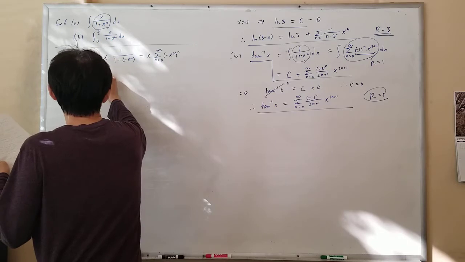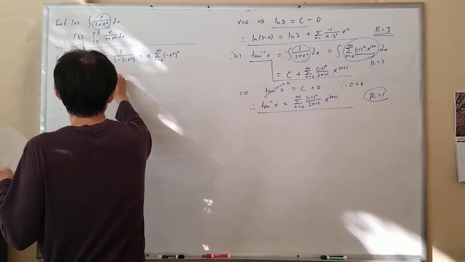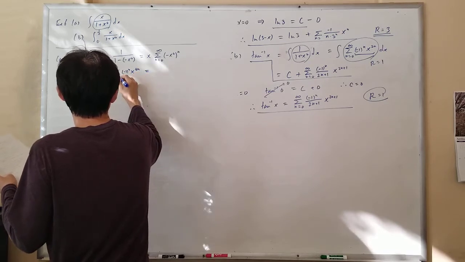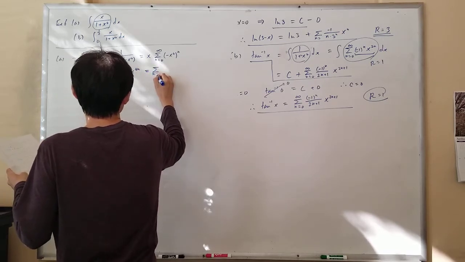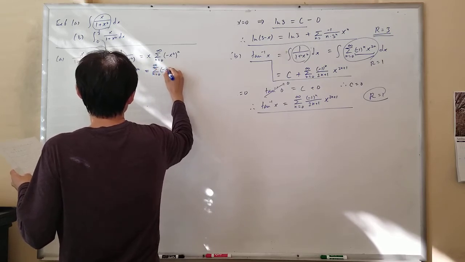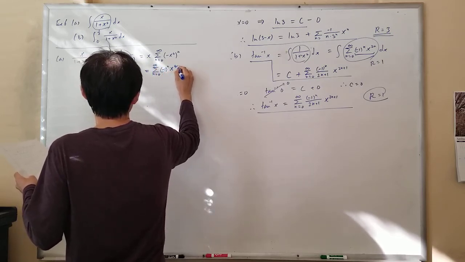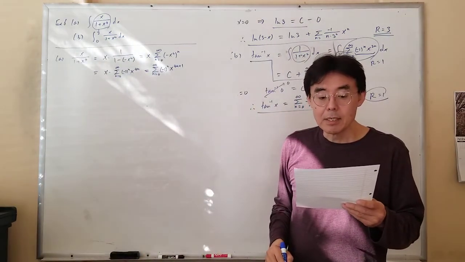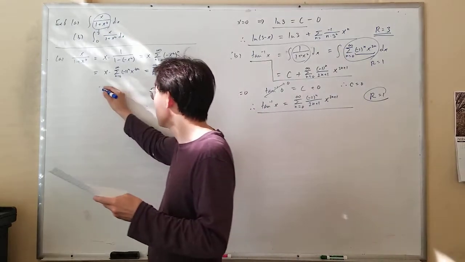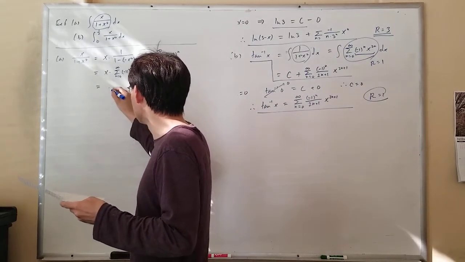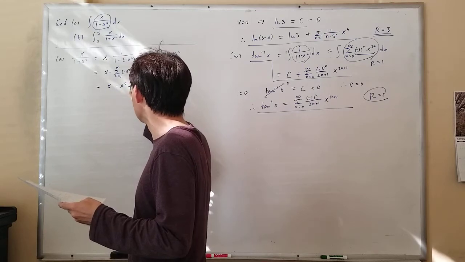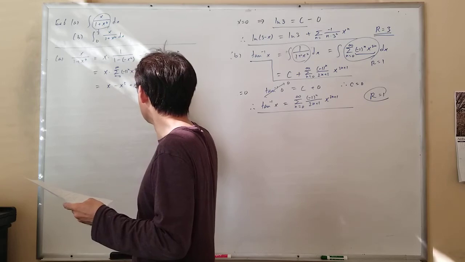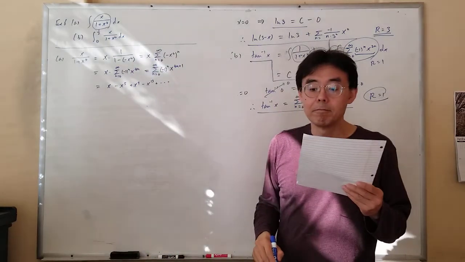This one then can be written as minus 1 to the nth x to the 4n, so minus 1 to the nth x to the 4n plus 1. If you want, you can write a few terms: n equals 0, so x minus x to the 5th plus x to the 9th minus x to the 13th, and so forth.